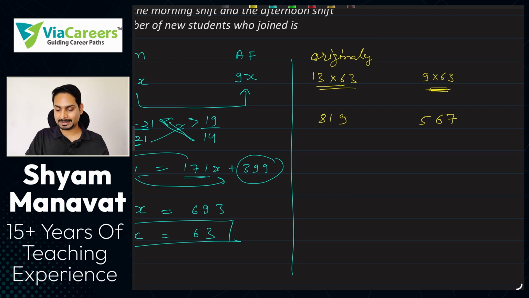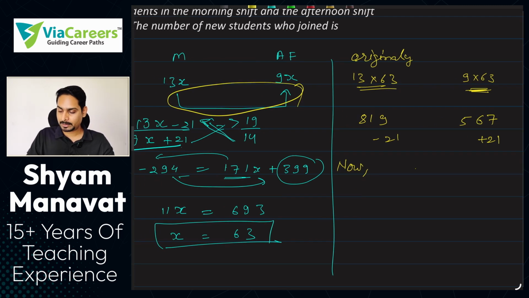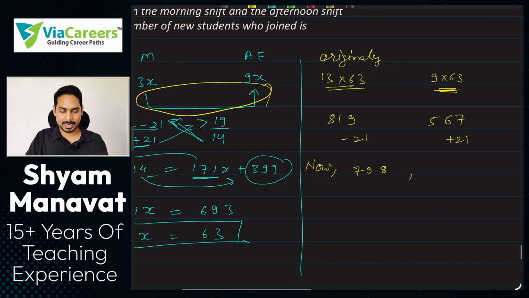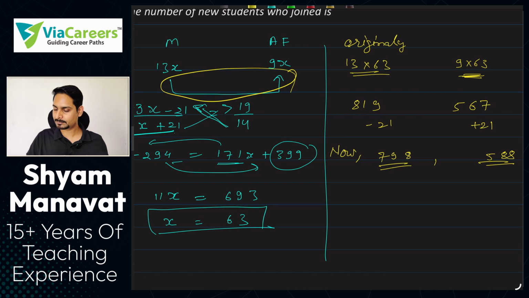Now this was originally, and after the shift happened, what is the number now? So you will subtract 21 from here and add 21 here. That's what's happening here, right? So after the subtraction, you get 798 here, and similarly, if you add 21, you get 588 here. Great. All right. Cool.